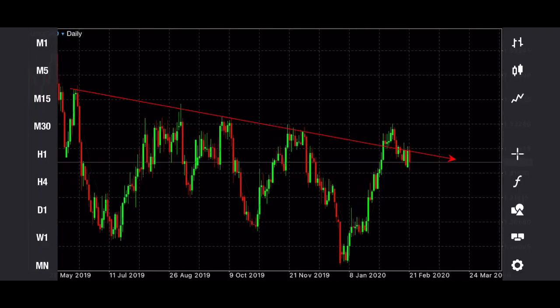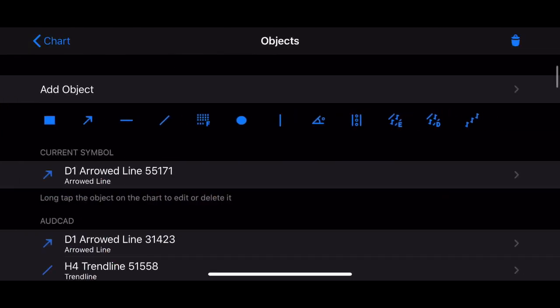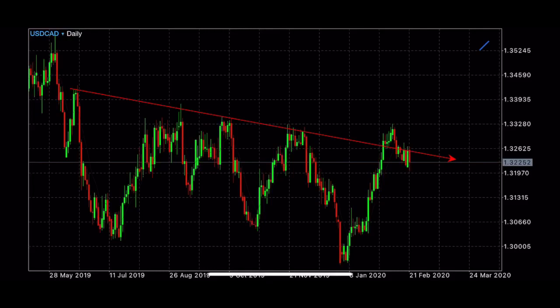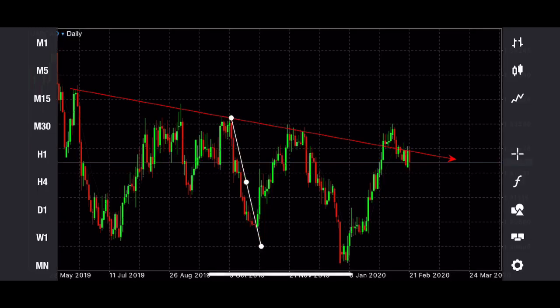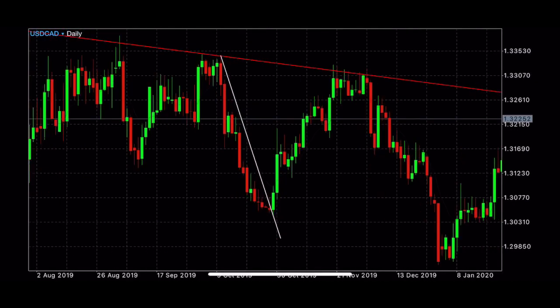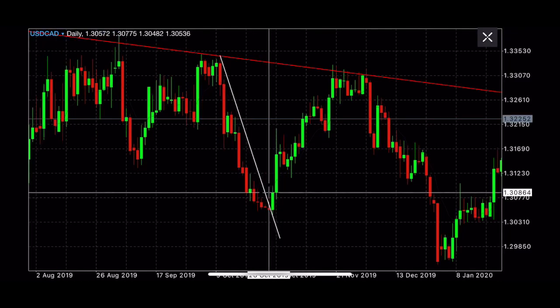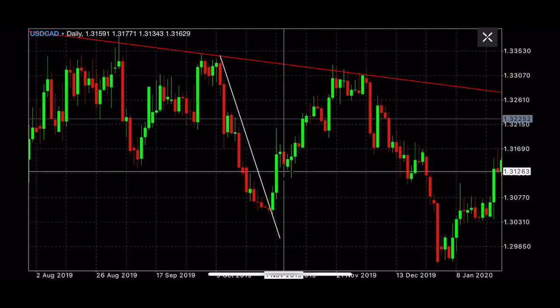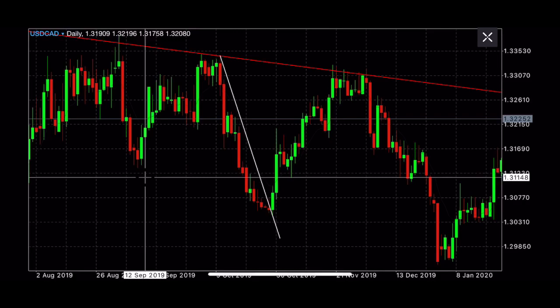execute our trades. Because if you check out what happened here when we had this line, or rather let me use a white line. So what happened when we had this reversal line here? As soon as the price broke it, all right, it rallies up back to the trend line, right?